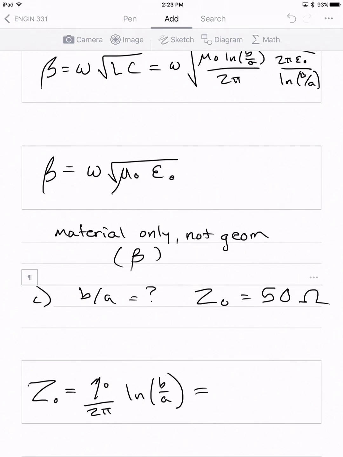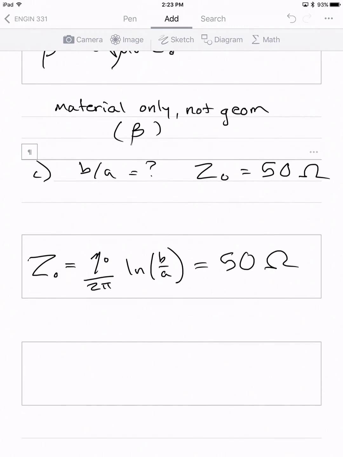If we set that equal to 50 ohms, now we just have to do a little bit of math. So multiplying through by 2 pi and dividing by eta naught, I have ln of b over a is equal to 100 pi ohms divided by eta naught.